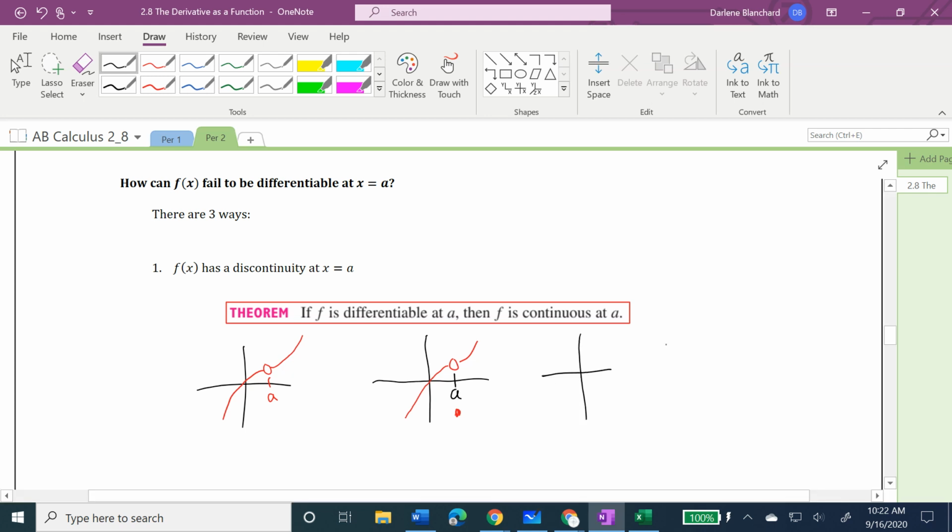There are 3 ways for the limit to fail to exist. You probably remember some of those. One of them is that at x equals a, there is some kind of jump in the graph, or the left and right-sided limits do not equal each other. Another one is a vertical asymptote at x equals a.